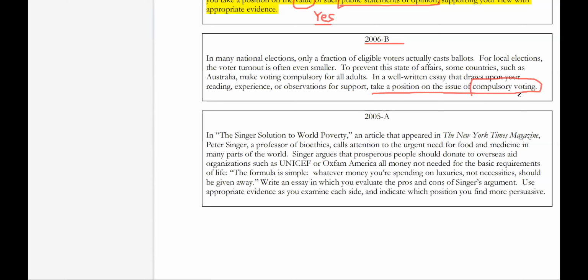But we really can make this prompt a pros, cons. We can. You know how? Because the prompt is semi-open, right? We need to take a position on the issue. This issue is a neutral word: this issue, this case, this situation, this policy.